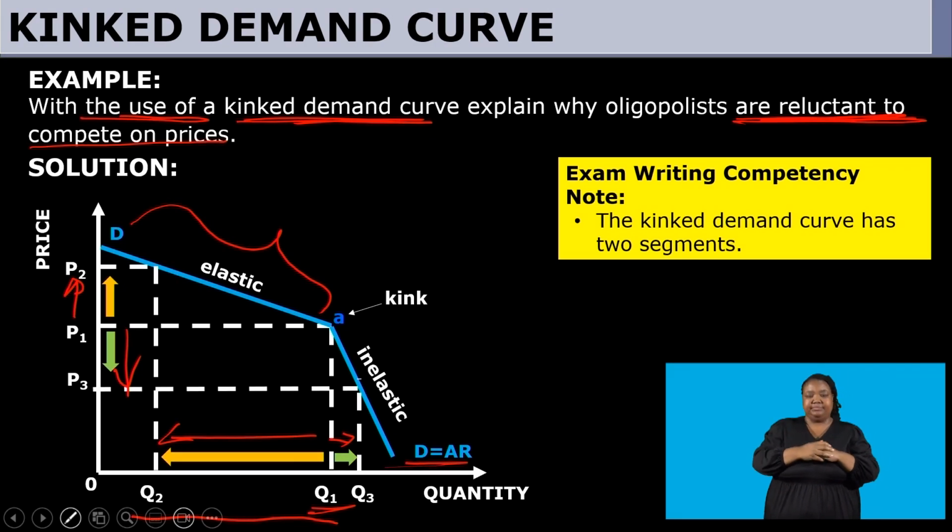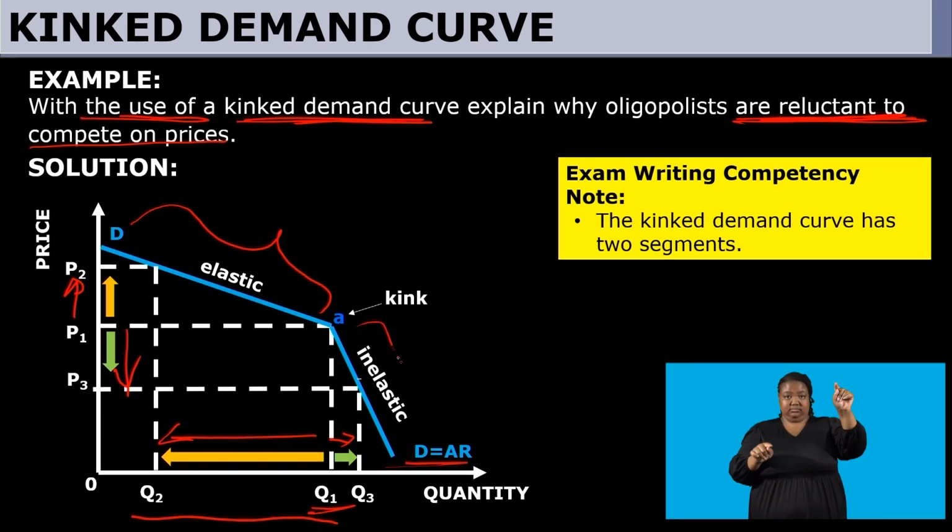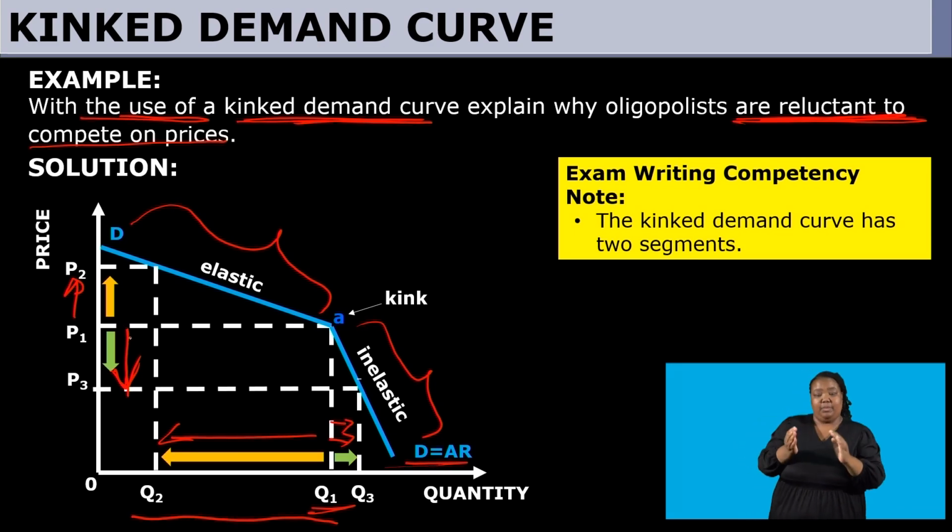Then the lower part here is inelastic. What does that mean? Even if you reduce the price by a very big magnitude, trying to attract customers, because demand is inelastic, yes, people will increase the demand, but that increase is very small compared to the decrease in the price that the oligopolist would have made.